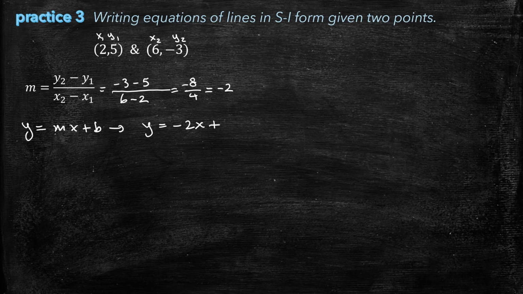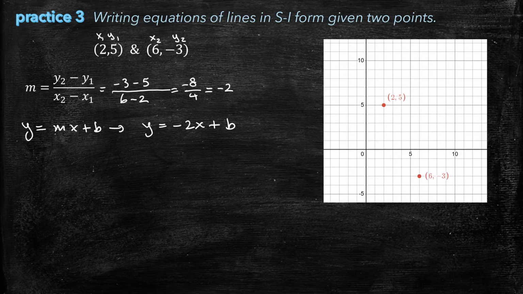The problem is we don't know what the y-intercept is. Notice that because the x-coordinate of neither of these 2 points is 0, we can't use those y-coordinates. Those are not the y-intercepts. Now, this can be done algebraically, but let's go geometrically first to see if we could estimate the y-intercept.